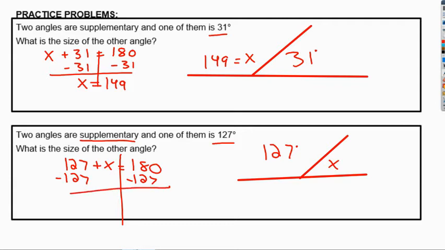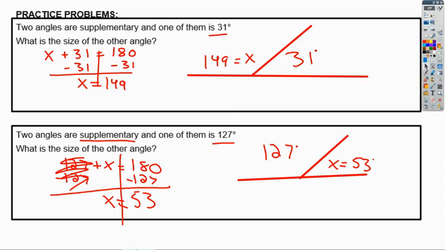You get x equals, and then I would type that into my calculator, 180 minus 127, and we get our answer of 53. And we know that works out because if we did 127 plus 53, we know that would add up to 180. So that's how we would do supplementary angles.